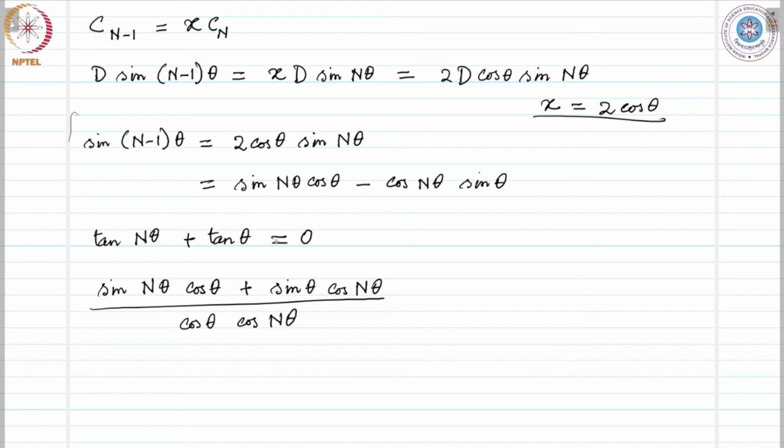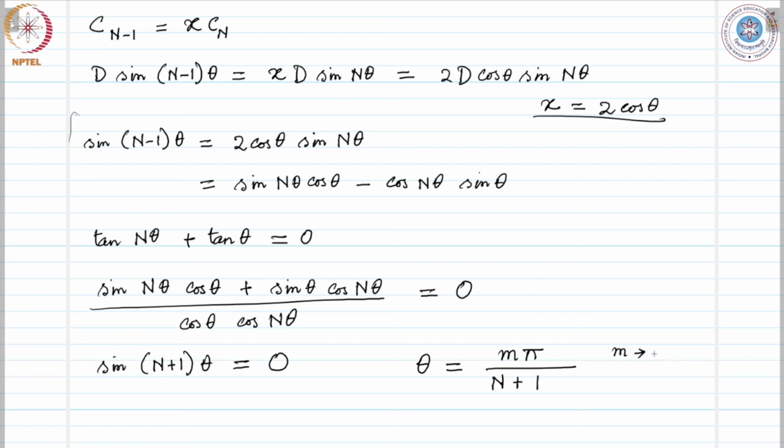This quantity is nothing but this tangent form here is 0, which tells us that sine n plus 1 theta, that is the numerator, not the denominator, the numerator must be 0. And if that is true, then we can solve for theta as theta equals m pi over n plus 1, where m is an integer.